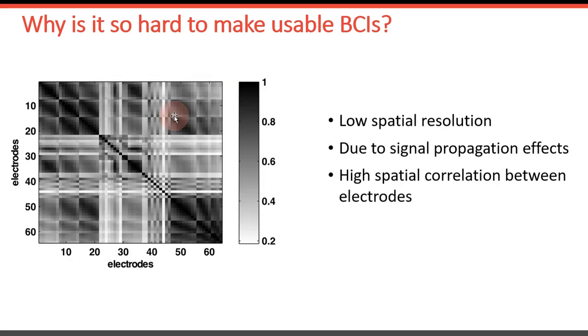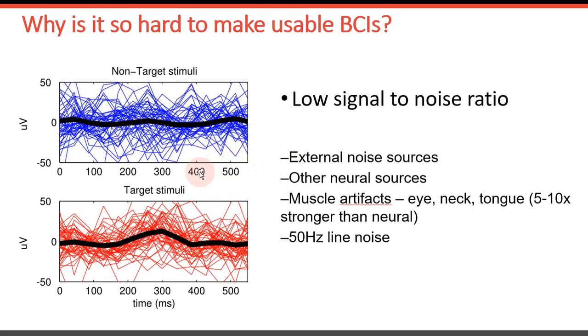So device-related noise or heartbeat, EMG, eye blink, other neural sources. So I could roughly say that 70% of the data that we collect is noise. Only 30% contains the signal of interest that corresponds with the mental intent in BCI.